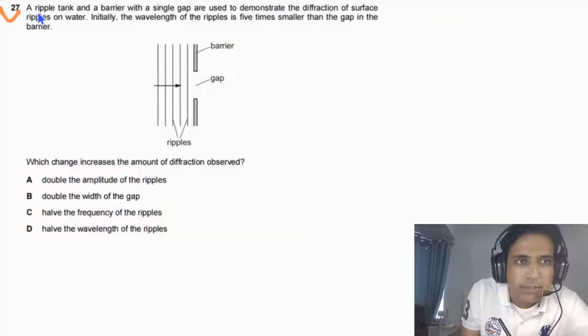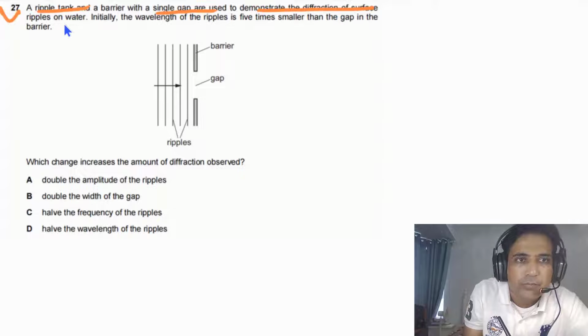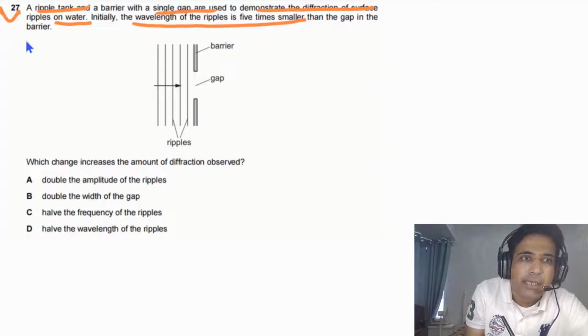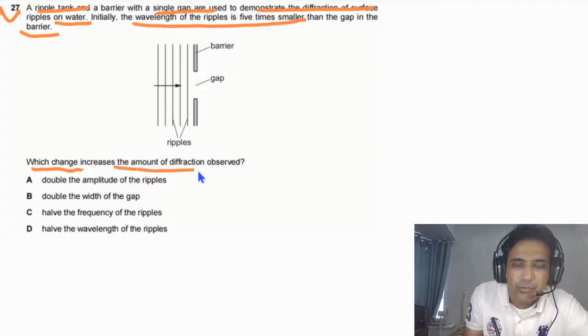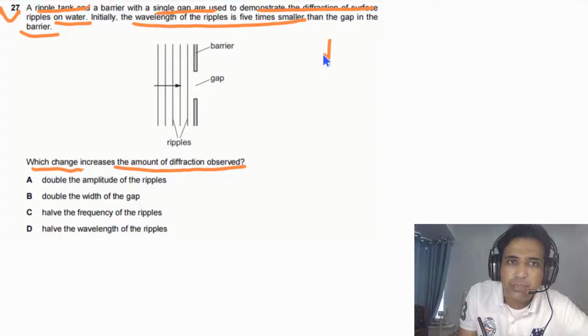Question 27 says, a ripple tank and a barrier with a single gap are used to demonstrate the diffraction of surface ripples on water. Initially, the wavelength of the ripples is 5 times smaller than the gap in the barrier. Which change increases the amount of diffraction observed? Significant diffraction is observed when lambda is about equal to the gap size.